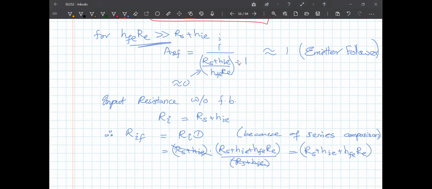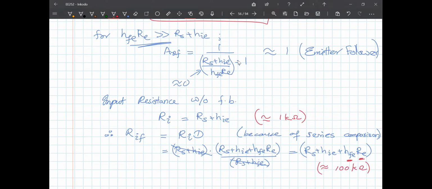Again, you can see that RS and HIE are much smaller compared to HFE and RE. HFE RE is typically in hundreds of kilo ohms. RS and HIE may be less than 1 kilo ohms or so. So you can see that the input impedance without feedback was in the range of 1 kilo ohm, but with feedback, because this is 100, this is maybe 1 kilo ohms, it should be at least 100 kilo ohms.